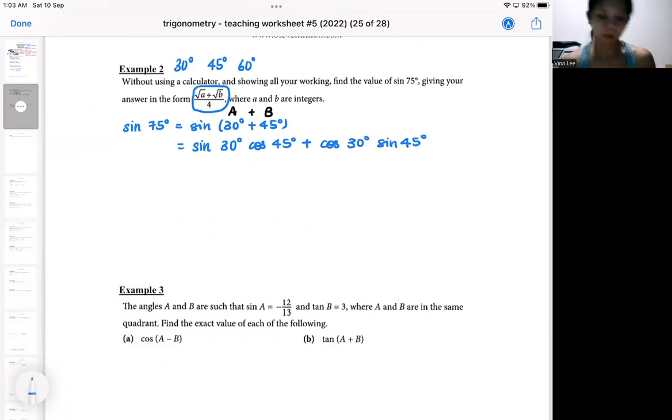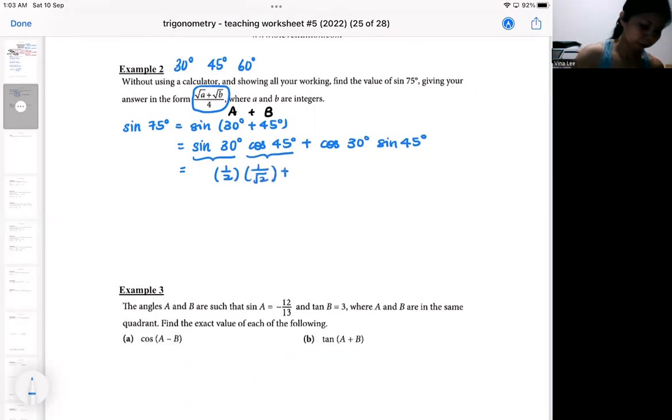How are you going to put it back into surd form? You've got to do it individually in surd form. This part will be a half. This will be 1 over root 2. This will be root 3 over 2. That's where all your special angles come in.